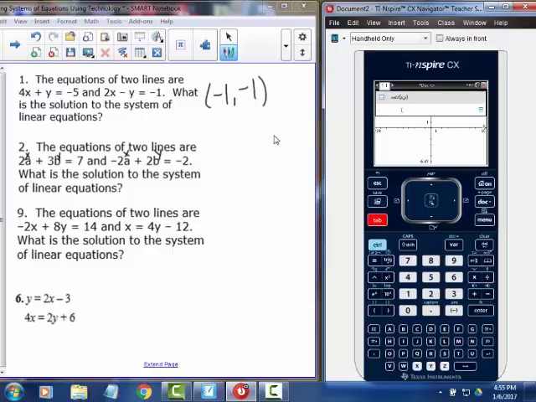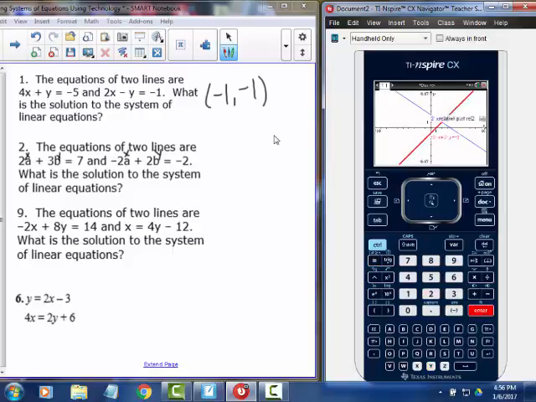All right, so here I would type 2x plus 3y equals 7. Enter, and then hit tab again, -2x plus 2y equals -2.